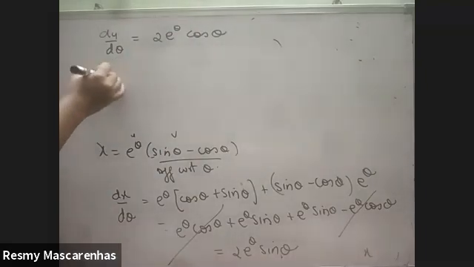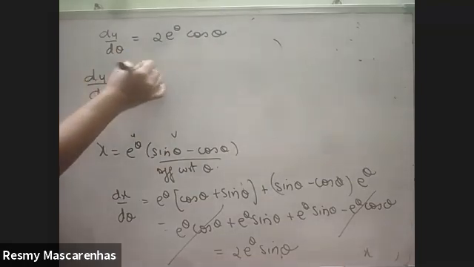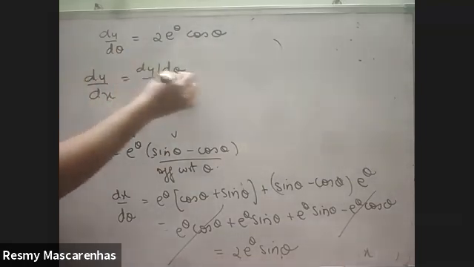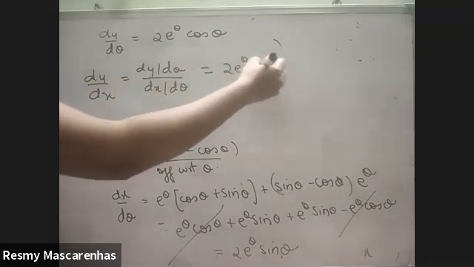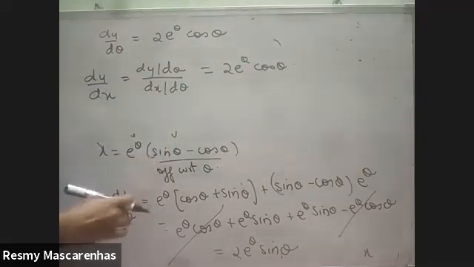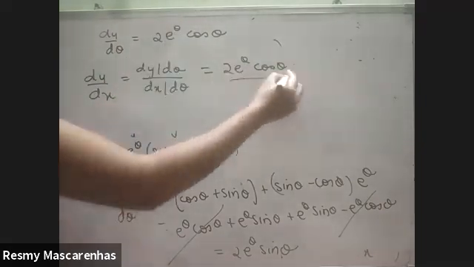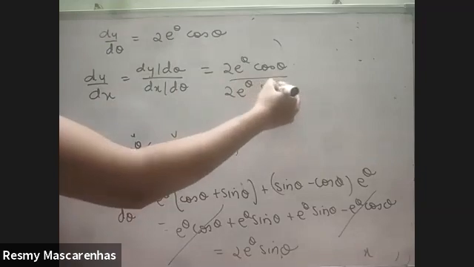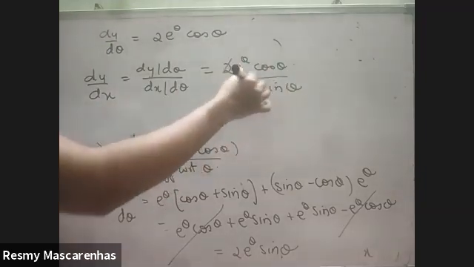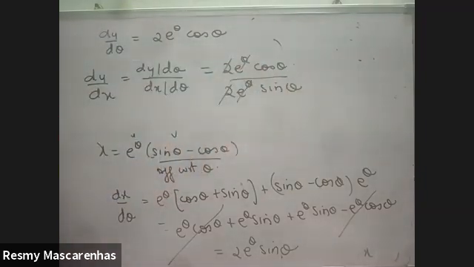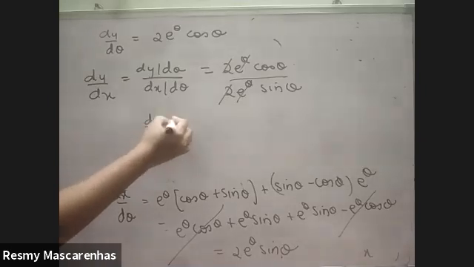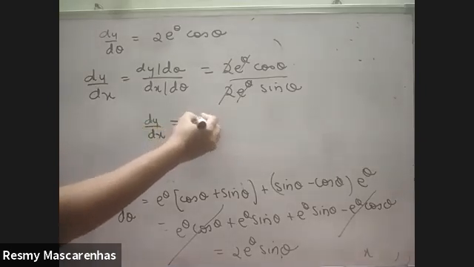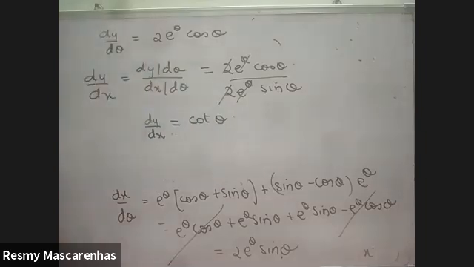And then dy by dx will be... sine θ. So what is the value of this? dy by dx will be cot θ.